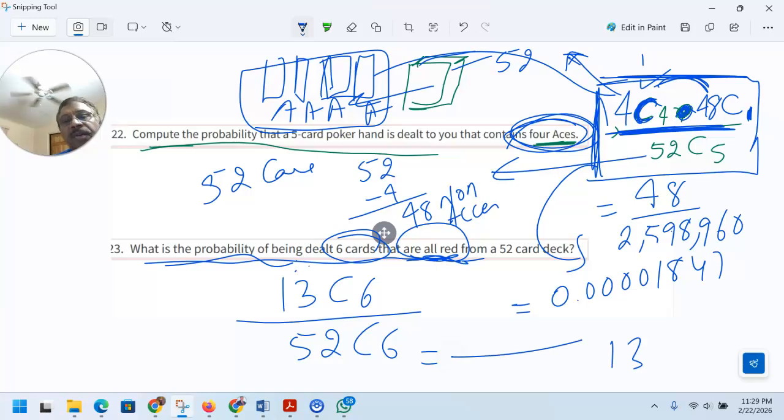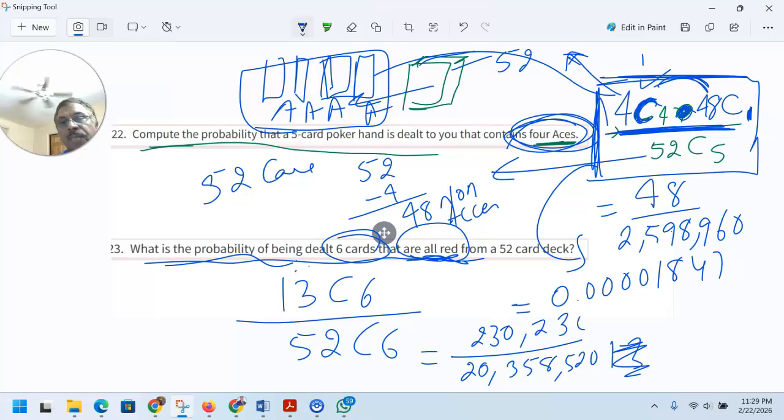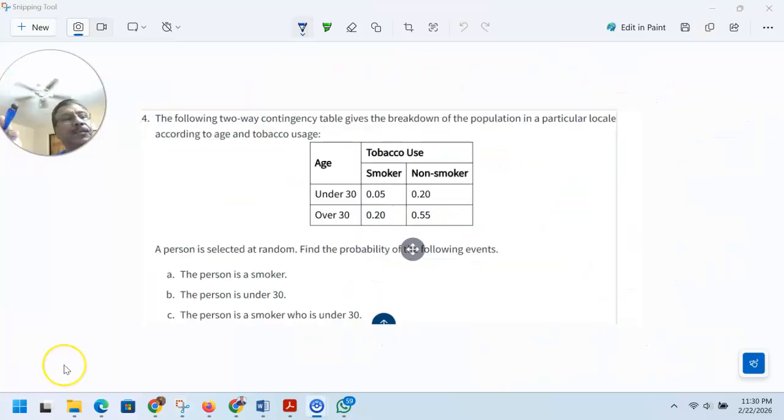So this will change to 20 million here, and this is 1,716 on the calculator. Then when you take the ratio, you get 0.0113, which is like 1.13%. I hope I'm making sense to you.